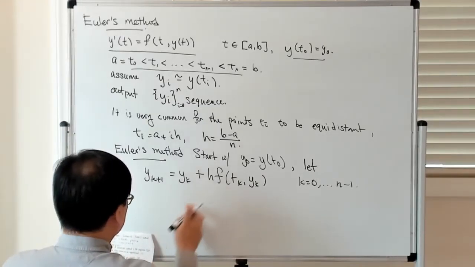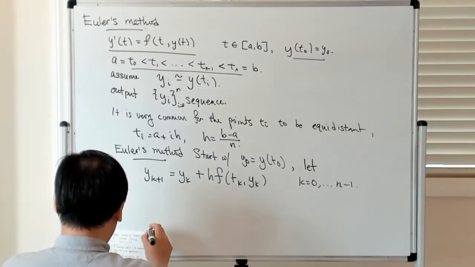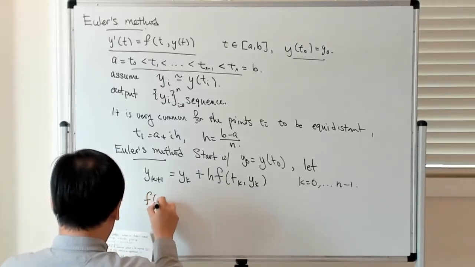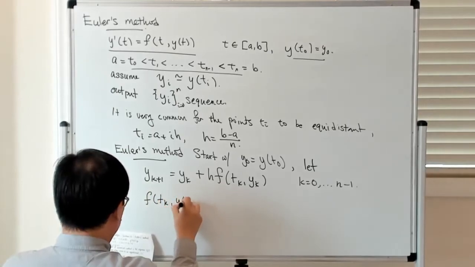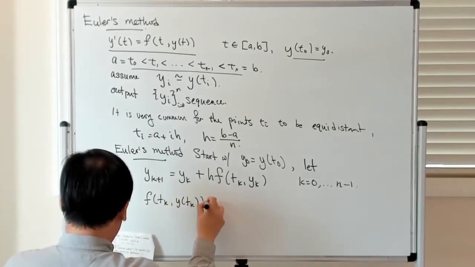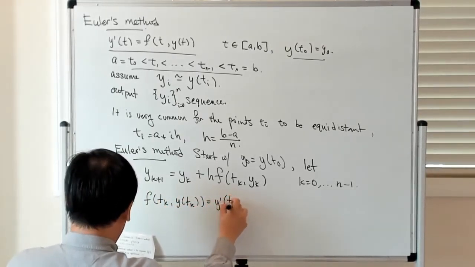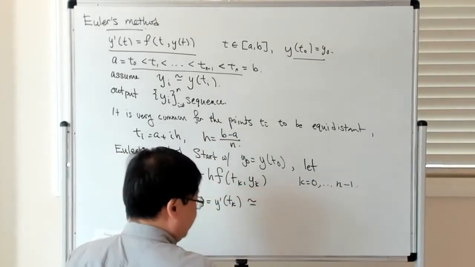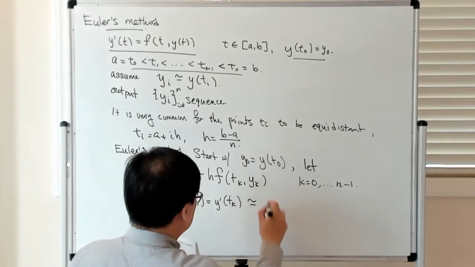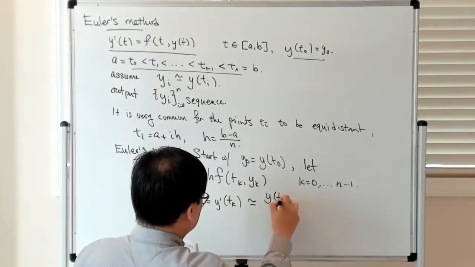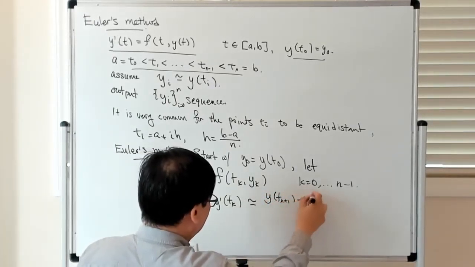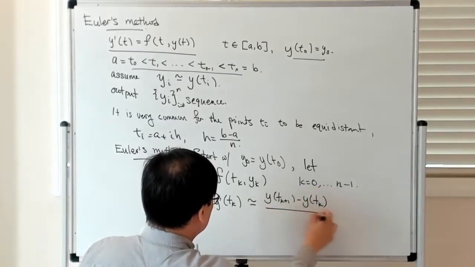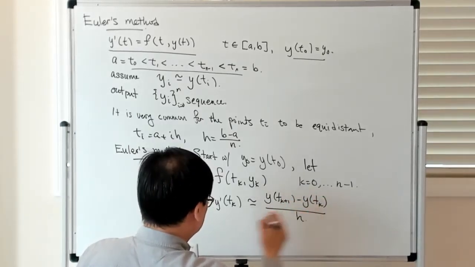And the way to see where that comes from is that f at (tk, y(tk)) is equal to y prime at tk. And y prime at tk can be approximated by a finite difference: y at tk plus 1 minus y at tk, divided by h.